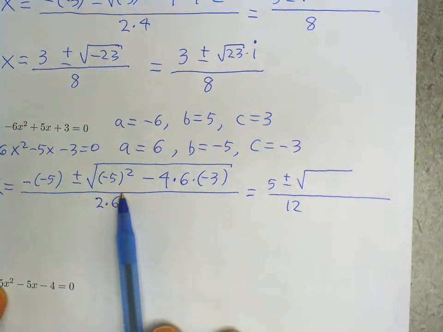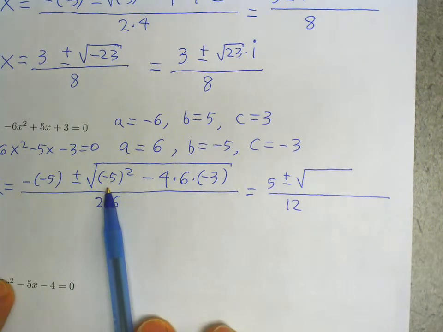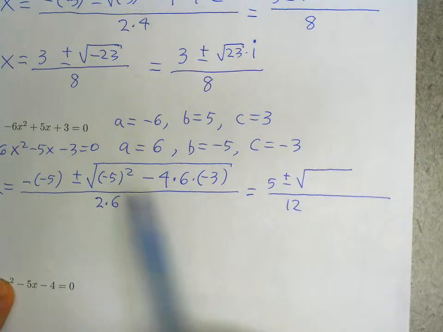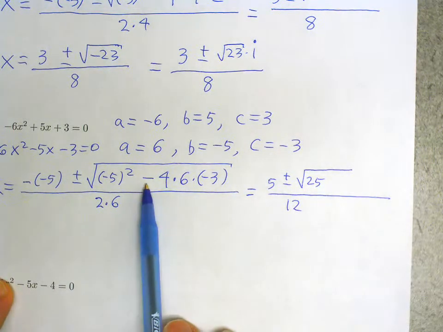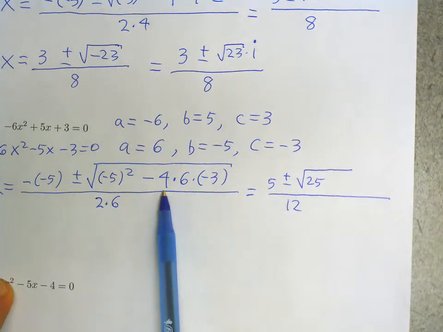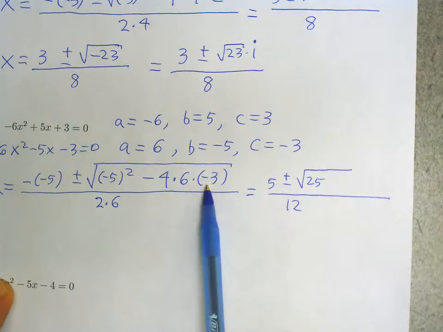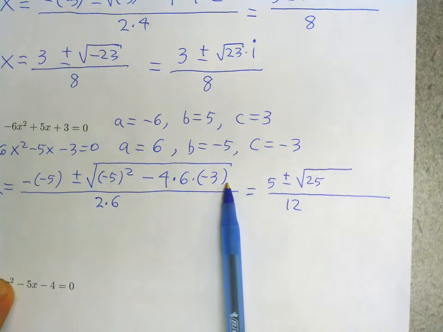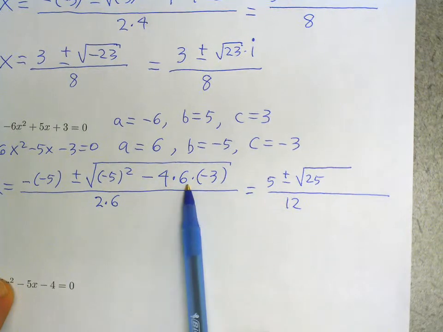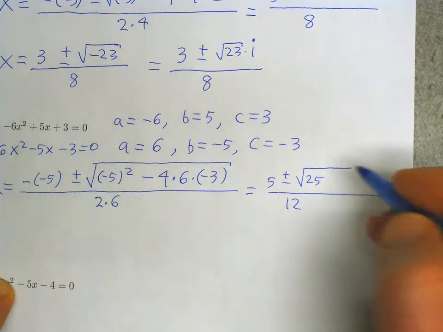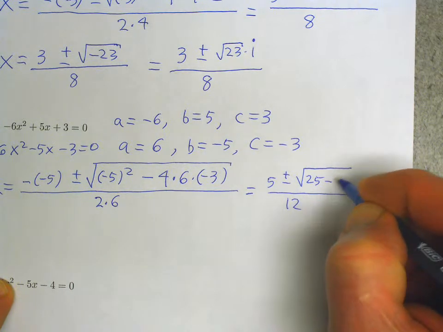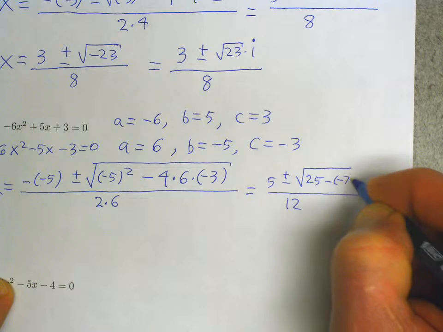Okay, so inside the square root, the number negative 5 squared is 25, and we're subtracting a negative number. We're subtracting 4 times 6 times negative 3. Okay, so 4 times 6 times negative 3 is negative 72. So it's 25 minus negative 72.